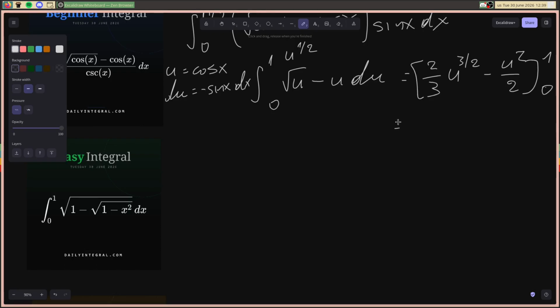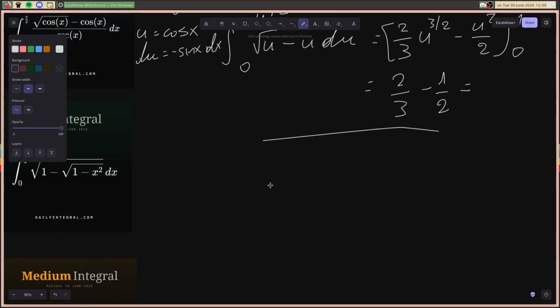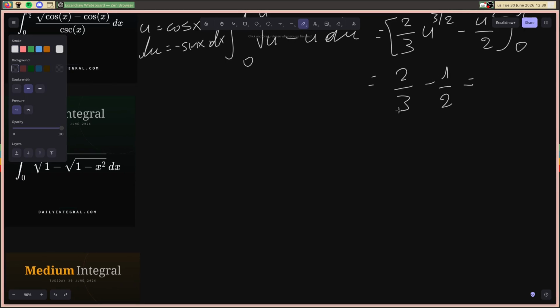At 0 it evaluates to 0, at 1 it's 2/3 minus a half, which is, it would be 6. So it's 4 minus 3, so 1/6.